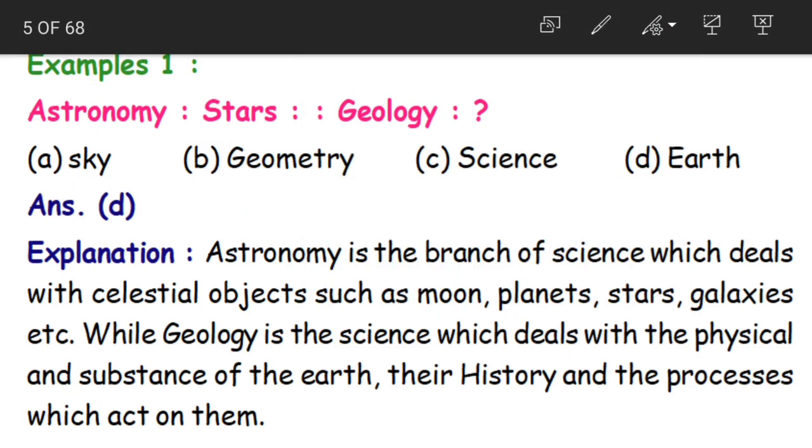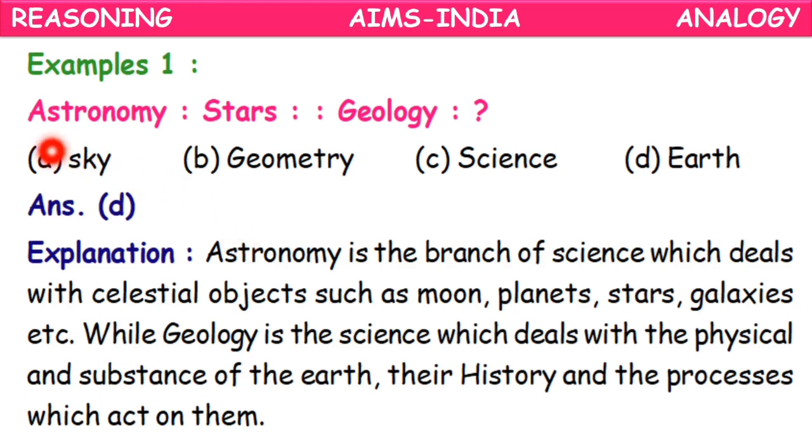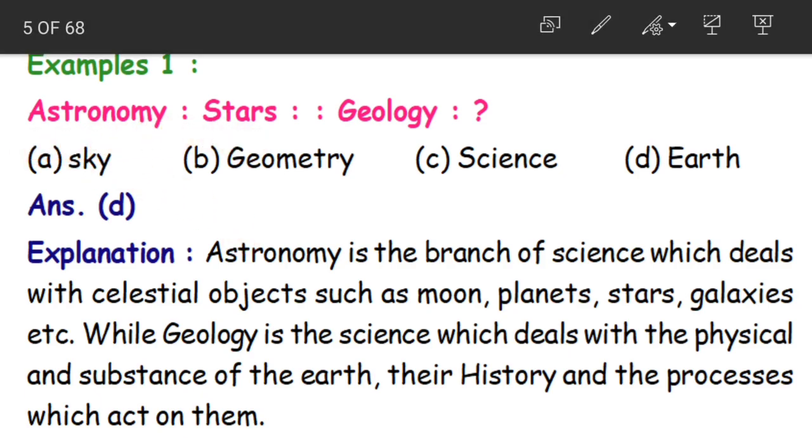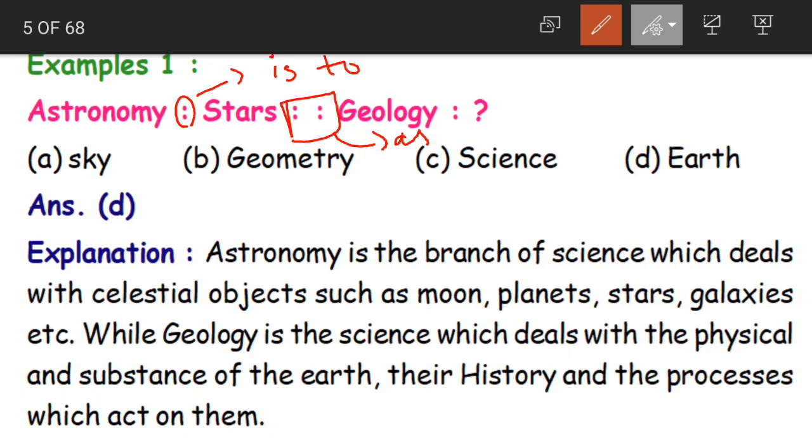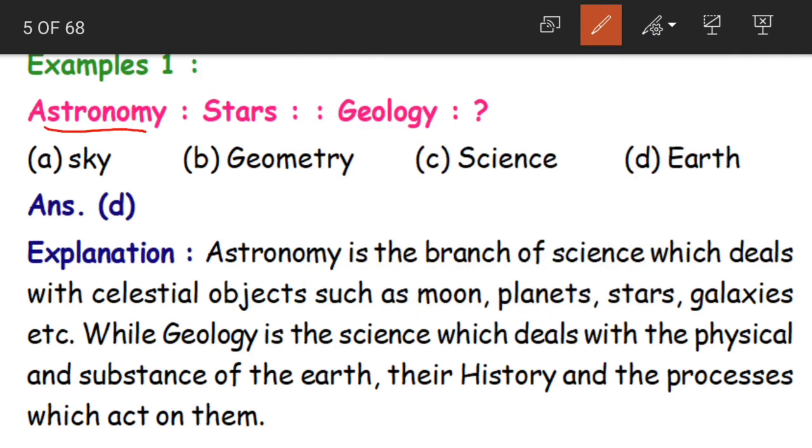If we look at the understanding of the question, astronomy stars. And how do we read it, children? Are you looking at these two dots? This will be read as 'is to', and these four dots together will be read as 'as'. How will we read this sentence now?